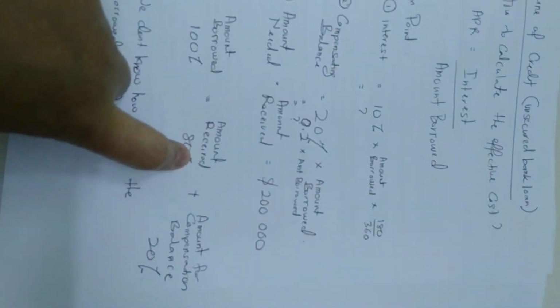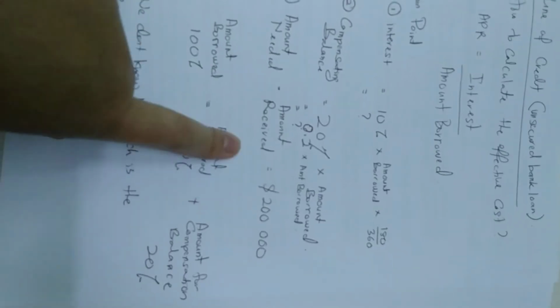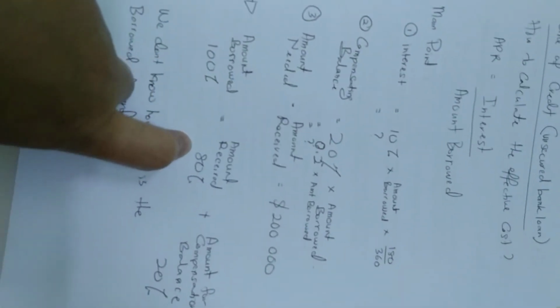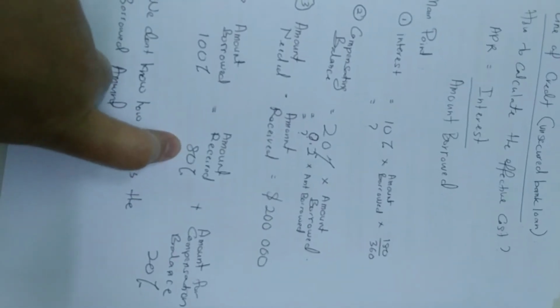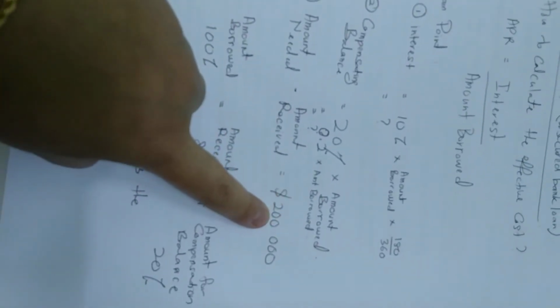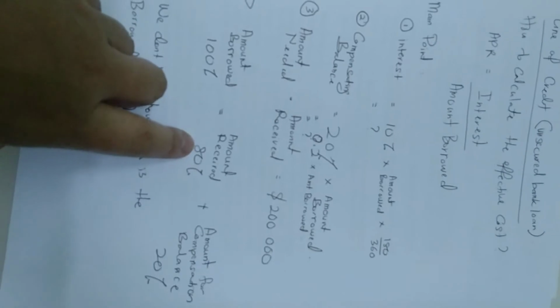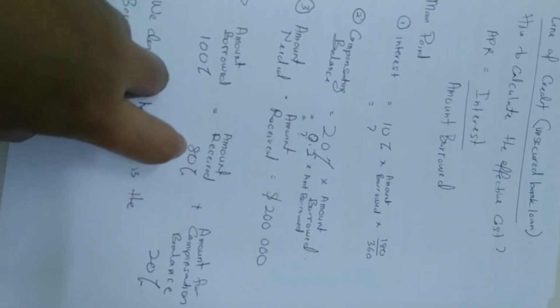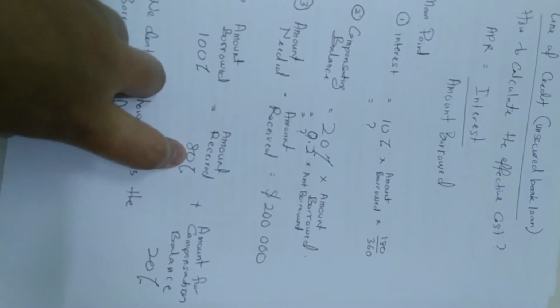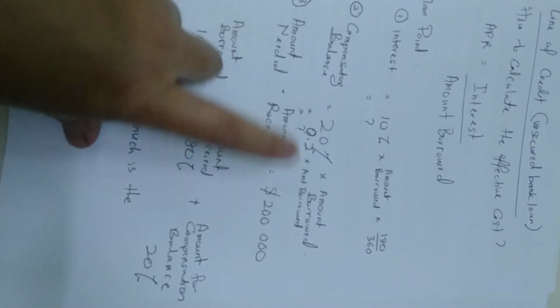Okay, so now the amount received is about 80%, and we know that this 80% is 200,000. So to find the amount received, it is actually 80% times the amount borrowed, then you can get this answer.